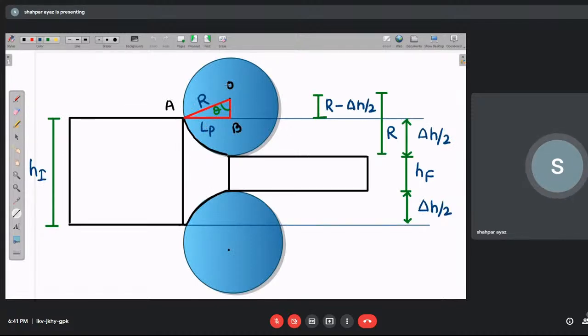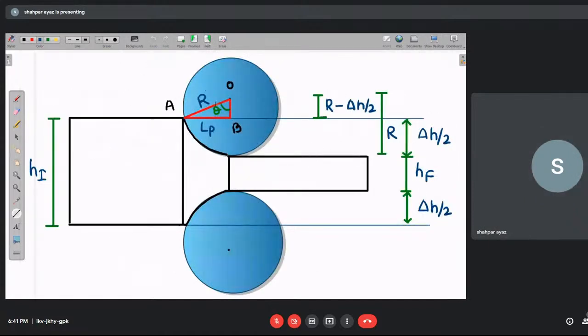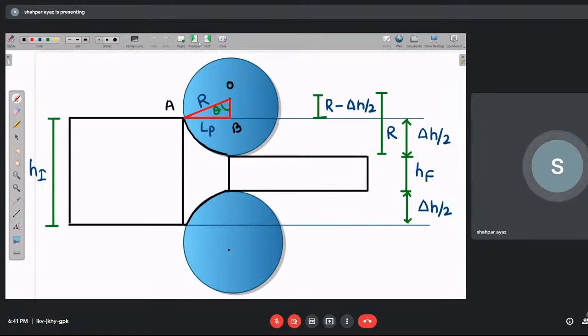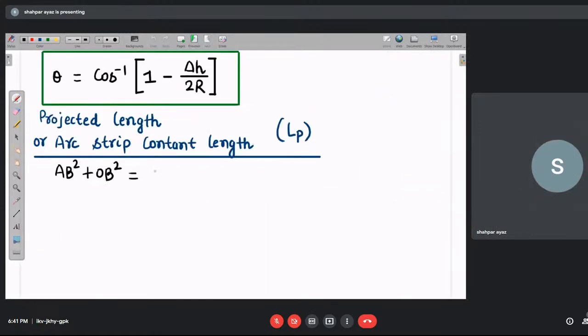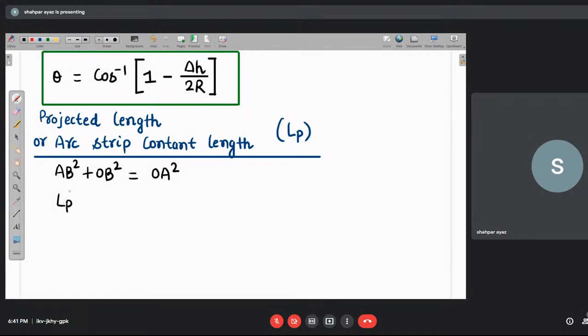In triangle AOB, if I apply Pythagoras, AB square plus OB square equals OA square. AB square is LP square, plus OB square.